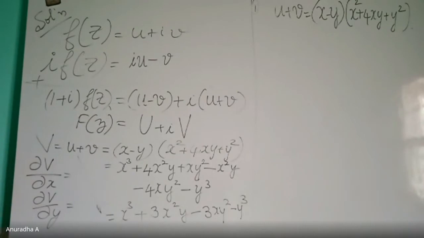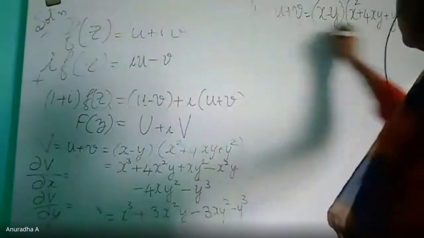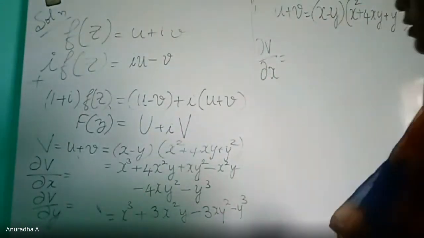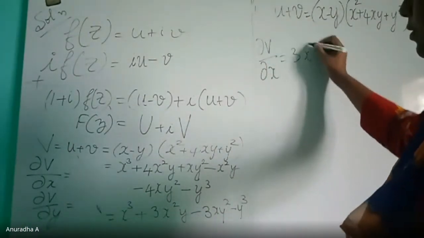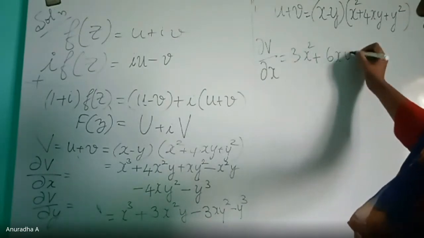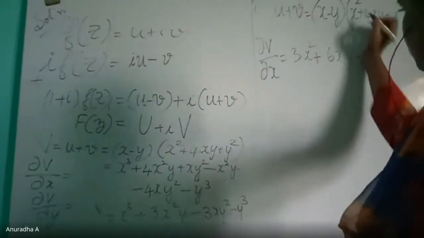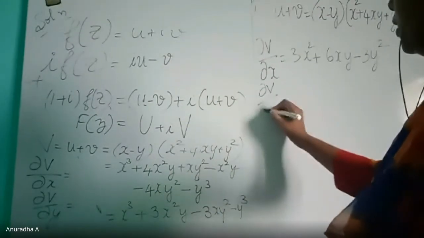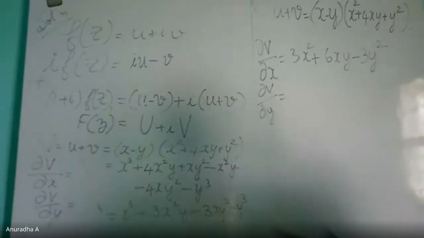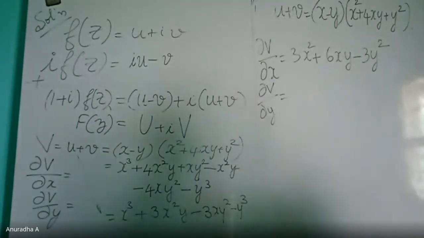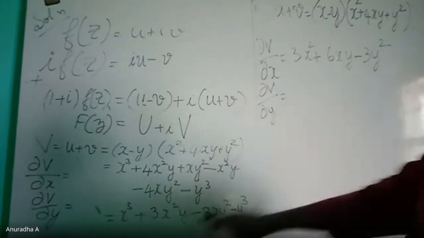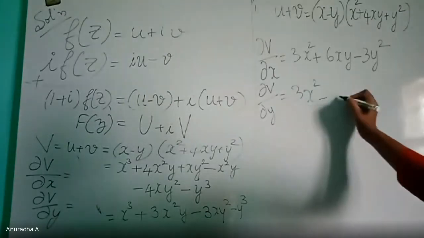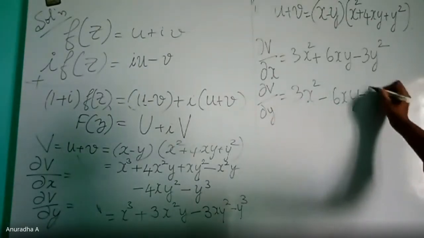Now we'll find what is dou v by dou x here. Dou v by dou x is 3x square plus 6xy minus 3y square. In the same way dou v by dou y, we have to differentiate now with respect to y. So it is 0, then it is 3x square minus 6xy minus 3y square.